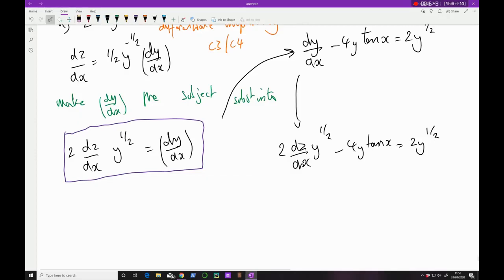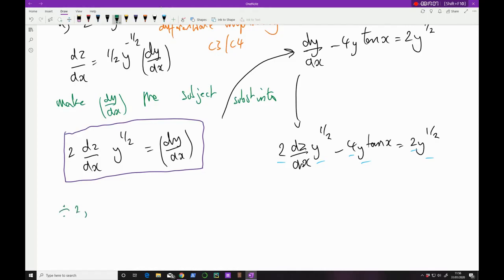Now, remember in the last video, I talked about certain points. One of the main points is being able to simplify. So I can simplify this by dividing everything by 2 and dividing everything by y to the power of a half.